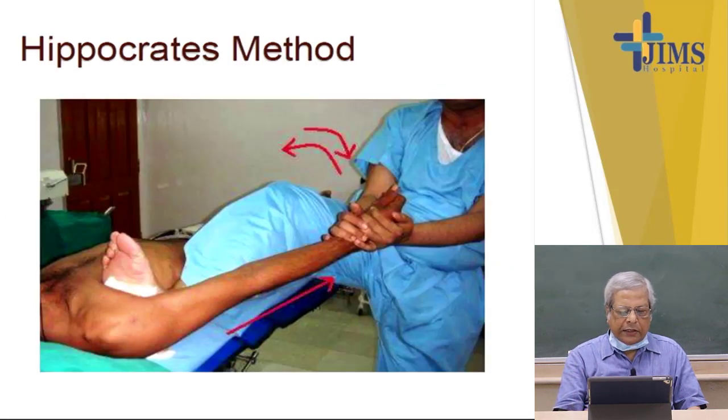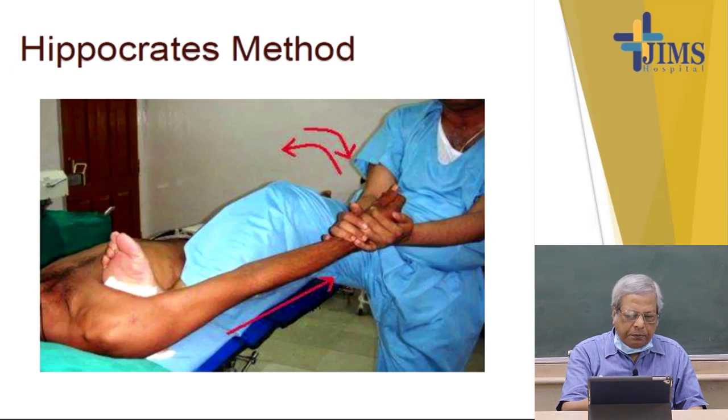This is another method. This goes by the name of Hippocrates method. So you see, this is a very, very old method. When there is a lack of assistants, the traction is put like this, and counter traction and the pressure over the humeral head is placed by the foot of the surgeon.